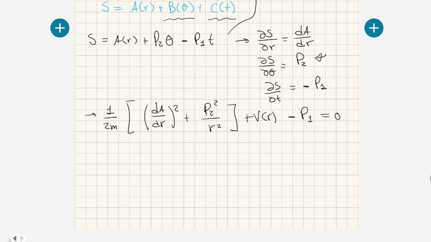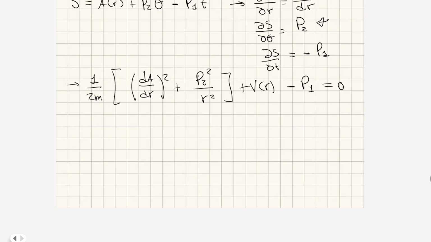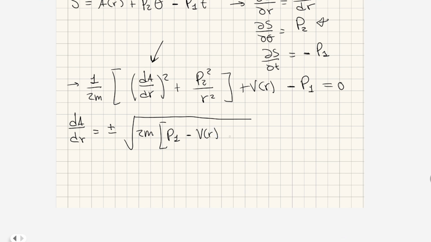Perfect. So what we can do is to solve this equation for the derivative of a with respect to r. If we do that, we see that the derivative of a with respect to r is equal to plus minus the square root of 2m that multiplies p1 minus b of r minus p2 squared divided by 2mr squared.